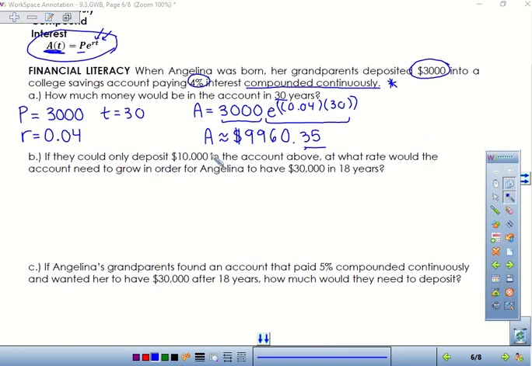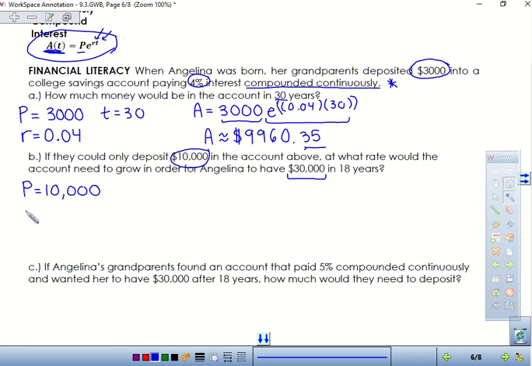So if it says they could only deposit $10,000 in the account above, if they could only deposit, what amount or what letter does that represent? P. At what rate would the account need to grow in order for her to have $30,000?